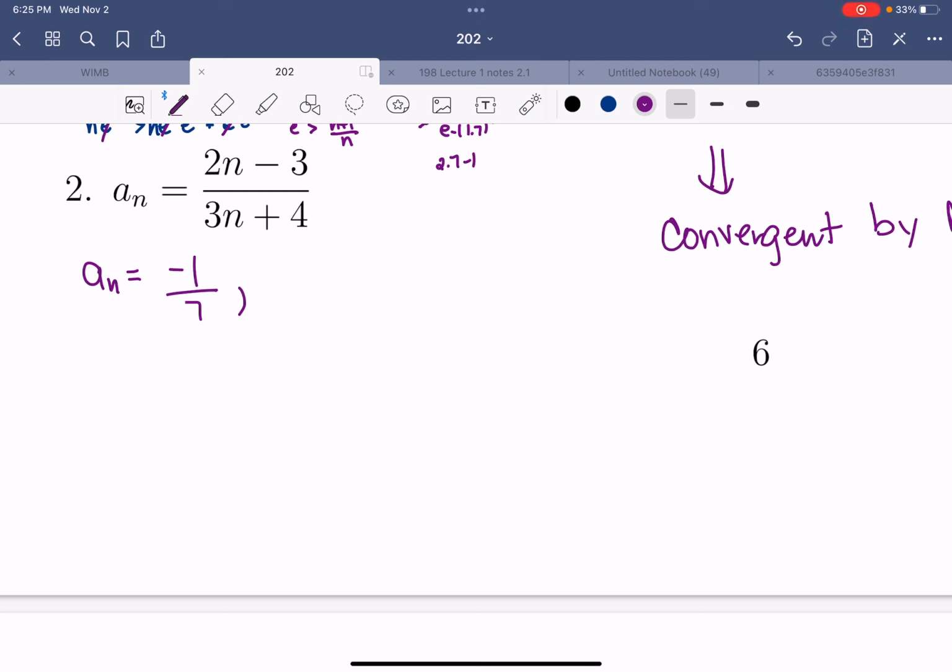When you plug in 2, this becomes 1 over 10. And when you plug in 3, I get 6 minus 3 is 3. 6 times 3 is 18 plus 4 is 22.